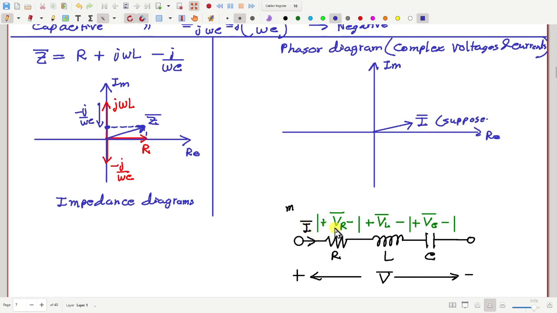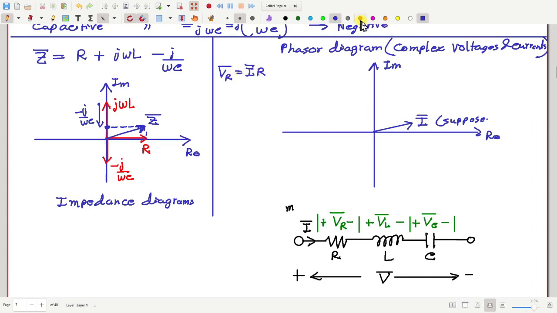Then VR is equal to I times R. How can we draw this vector VR? It will have the same phase angle as I bar, but the magnitude will be different.